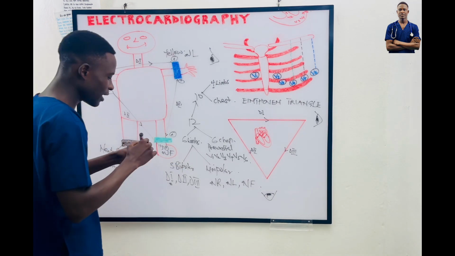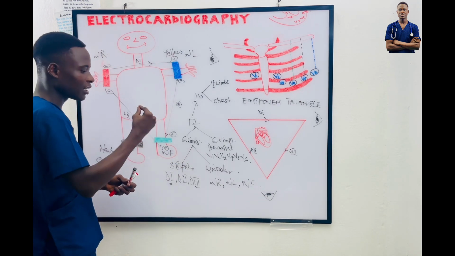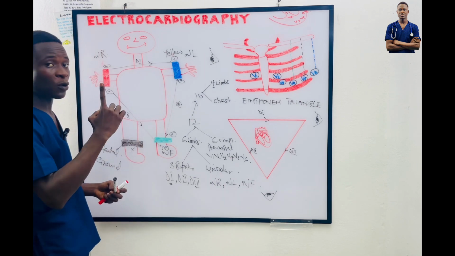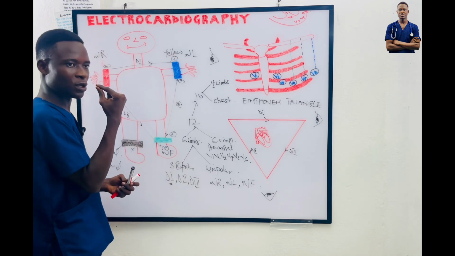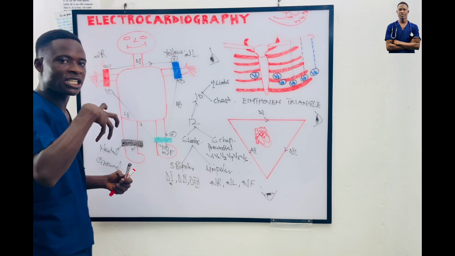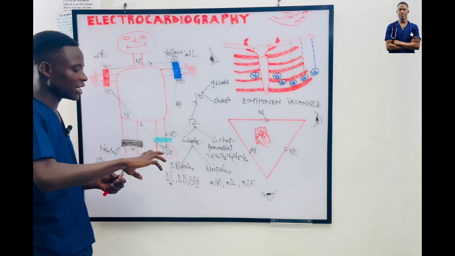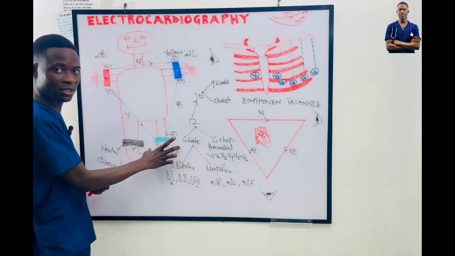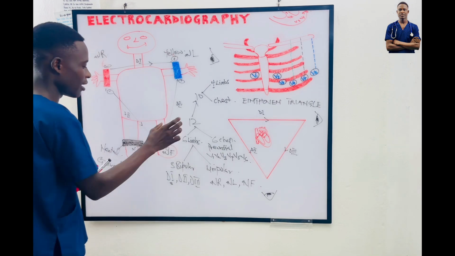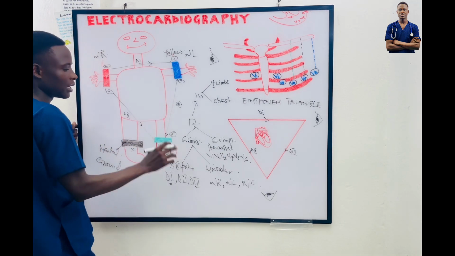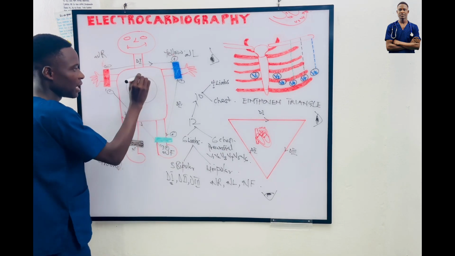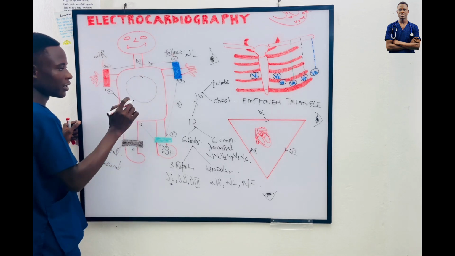And I said when it is only one electrode, it is positive. And when it is positive, the heart will generate an imaginary negative electrode for that lead.